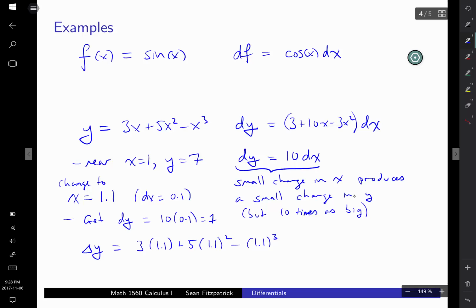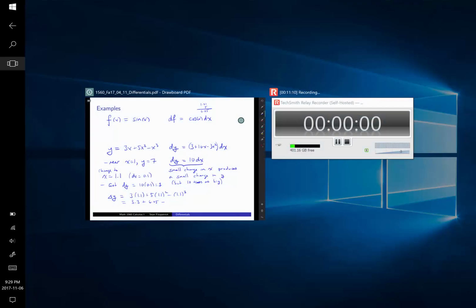And that's going to be a little bit messier, right? This is going to be 3.3. 1.1 squared is 1.21. Then we have to multiply by 5, so we get 6.05. And then we would subtract 1.1 cubed, whatever that is.